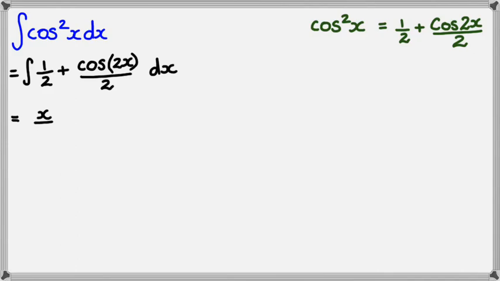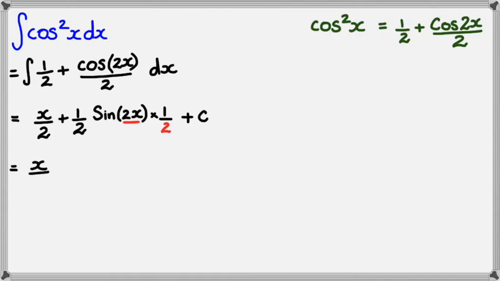Half integrates to x over 2, plus cos integrates to half sine 2x, multiplied by 1 divided by the differentiation of whatever is in the bracket. In this case, the differentiation of 2x would be 2. And of course, we have to remember our constant. Simplifying this, we get x over 2 plus sine 2x divided by 4 plus c.